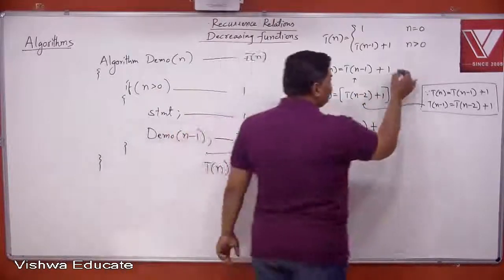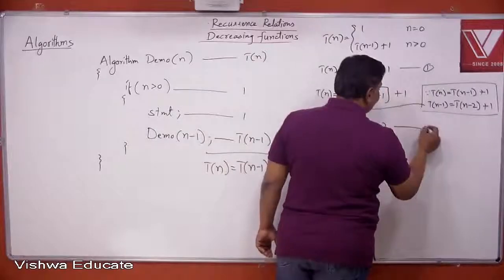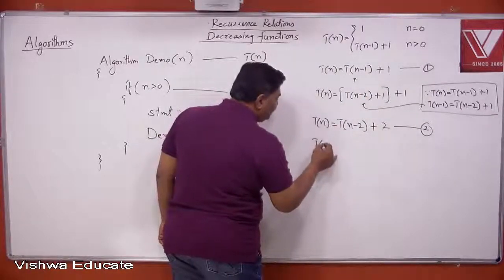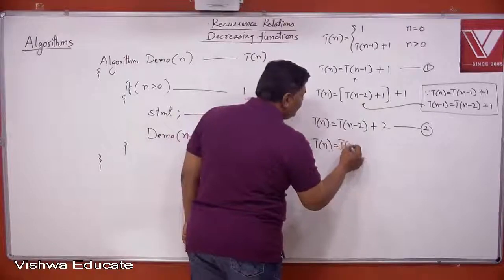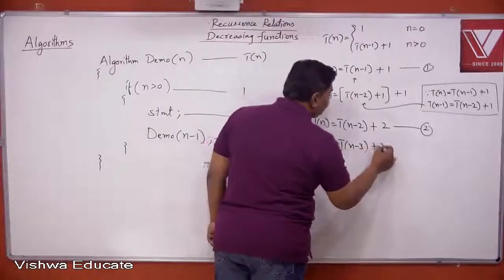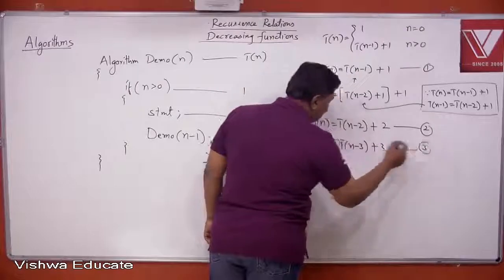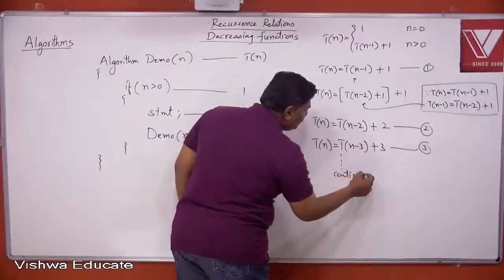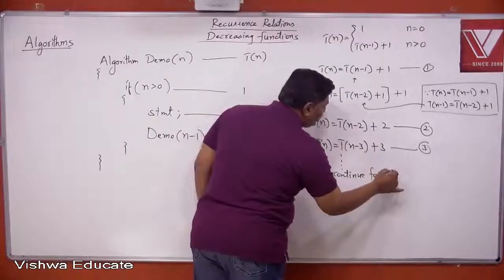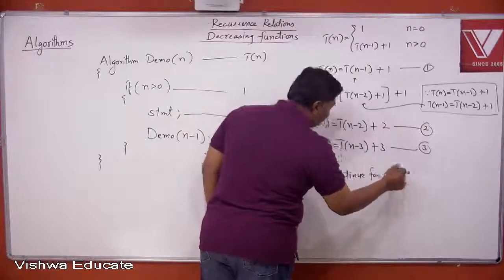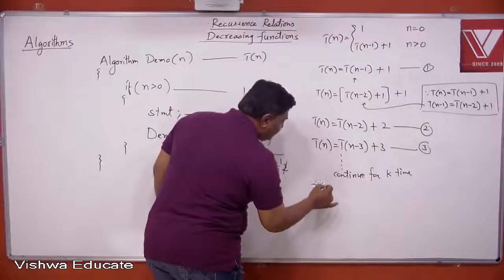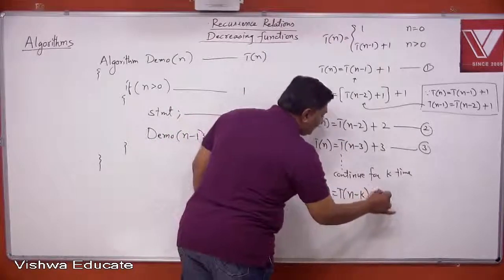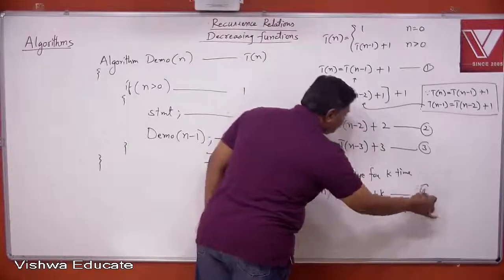So if this was the first equation, then after substitution I got the second equation. Then if I continue, Tn is equal to Tn minus 3 plus 3. This is the third equation. Continue for k times, then Tn is equal to Tn minus k plus k. So this is the fourth equation.